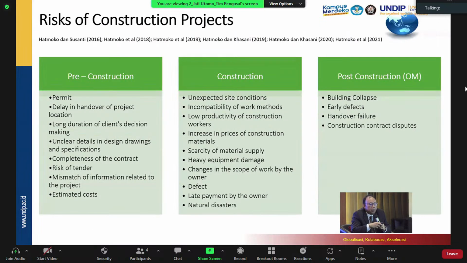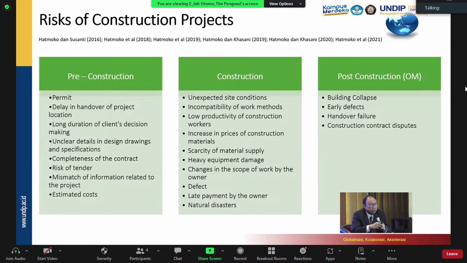Okay, these are some risks that can be identified from different phases of a construction project. For example, in pre-construction, we may have risk of problems with permits or delay in the handover of the project location, or perhaps long duration of client decision making, unclear details in design drawings, completeness of the contract, risk of tender, and so on.